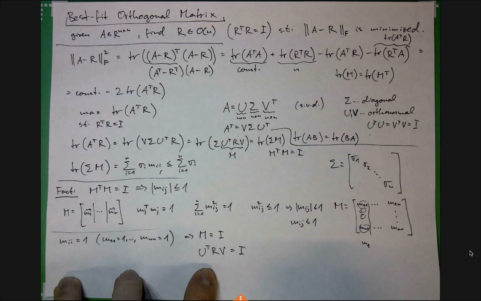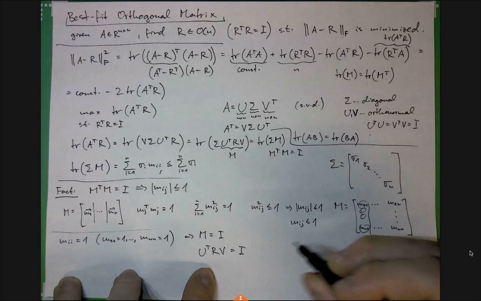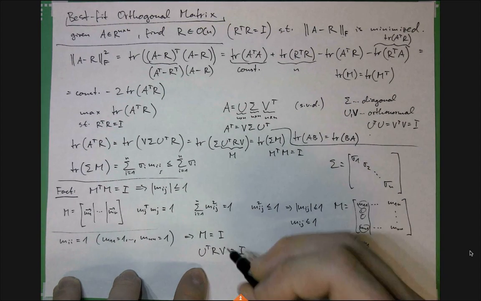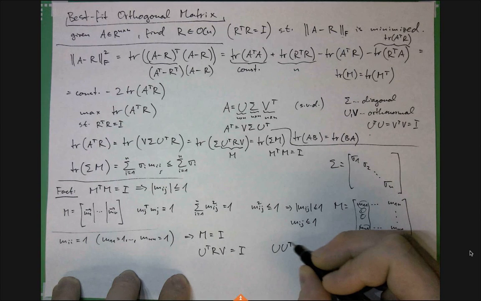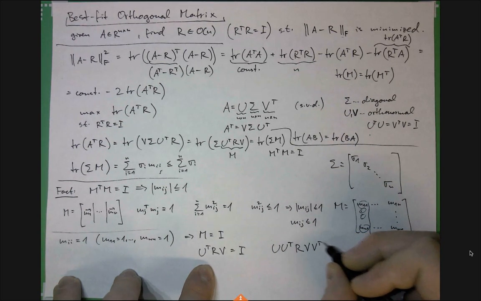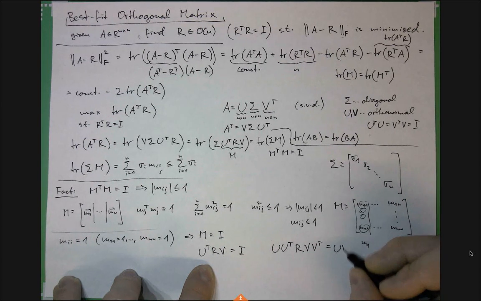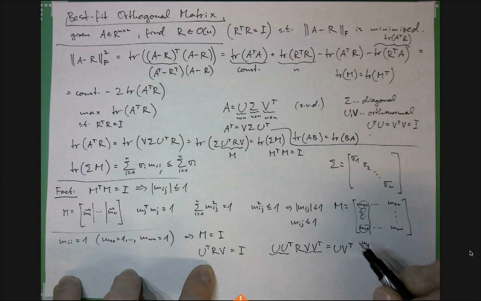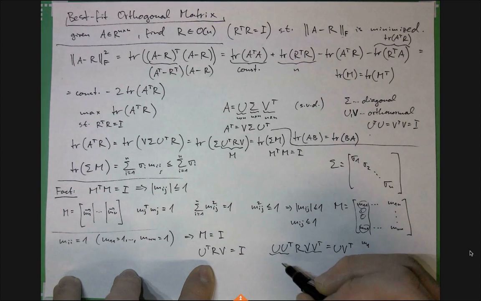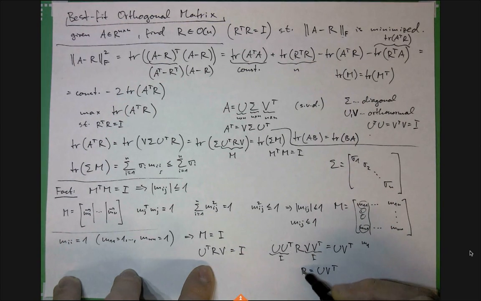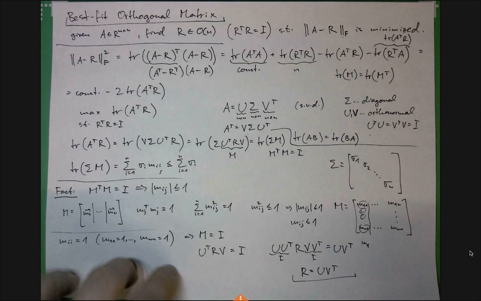And I can compute the R from here, right? I just multiply from the left with U, and from the right with V transpose. So this is U V transpose. Now because U and V were both orthonormal and square, those are identities, and I have that R is U V transpose. That's my solution.